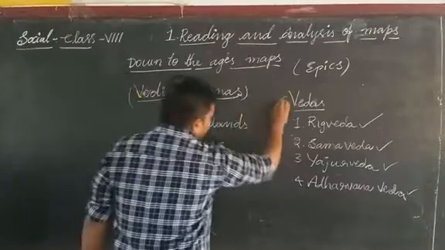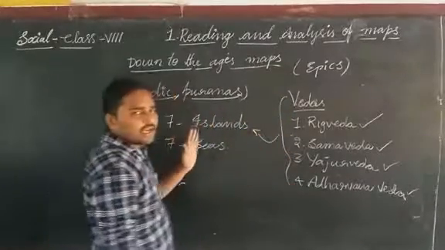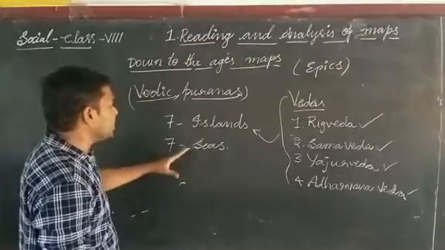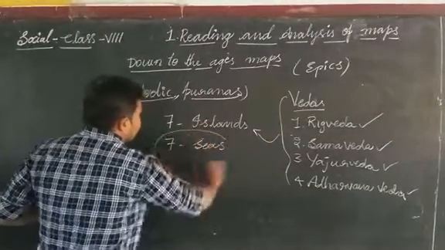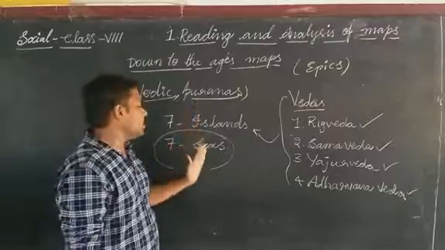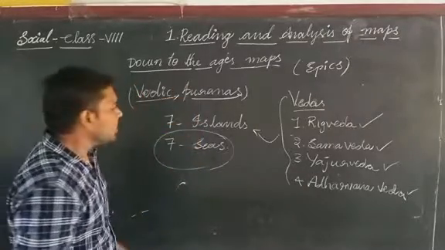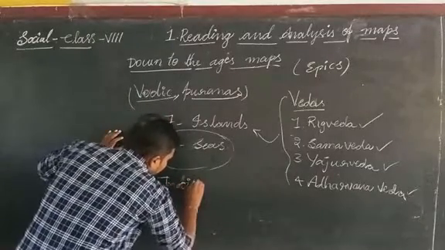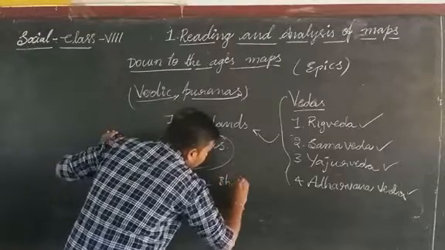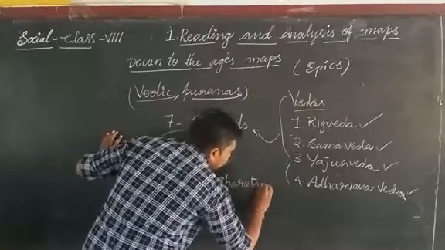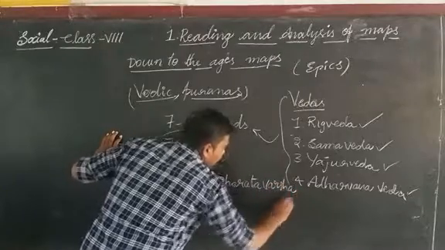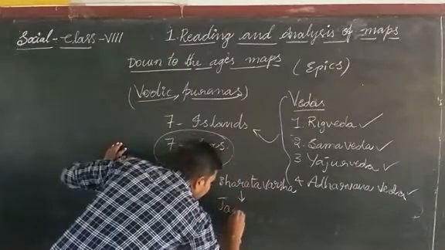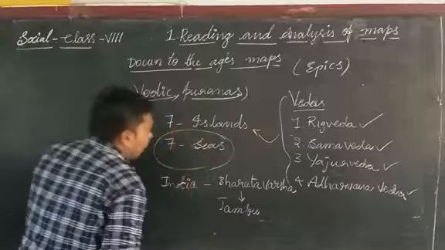Okay, according to these Vedas and Puranas, the entire land portion on the earth is divided into 7 islands and 7 seas. These 7 islands are surrounded with 7 seas. That's why they are called islands. Our India is called Bharatavarsha, which is located in the Jambudvipa, among the 7 islands.